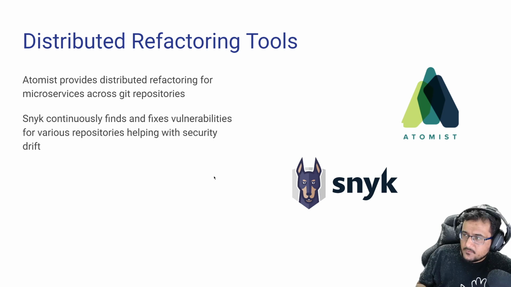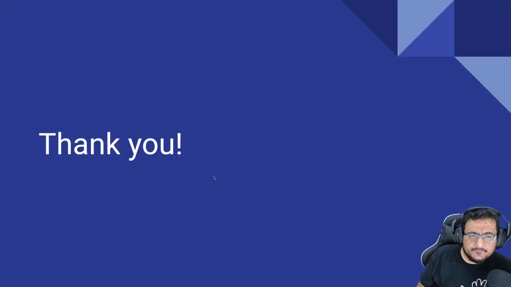You could do that with Atomist for sure, but Snyk, I think, is really, really good at detecting those kinds of problems and then fixing them automatically. As I said, you could do that with Atomist with many programming languages, but Snyk already provides that out of the box. You can see it as a more specific distributed refactoring tool, just focused on security. I really like Snyk for that.